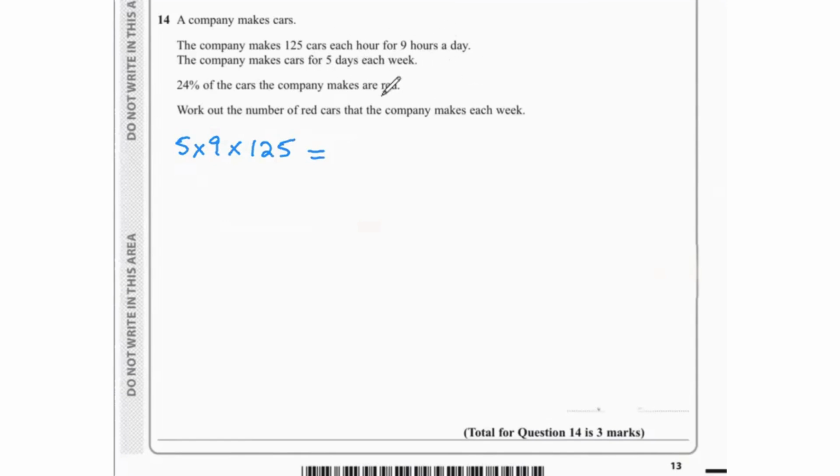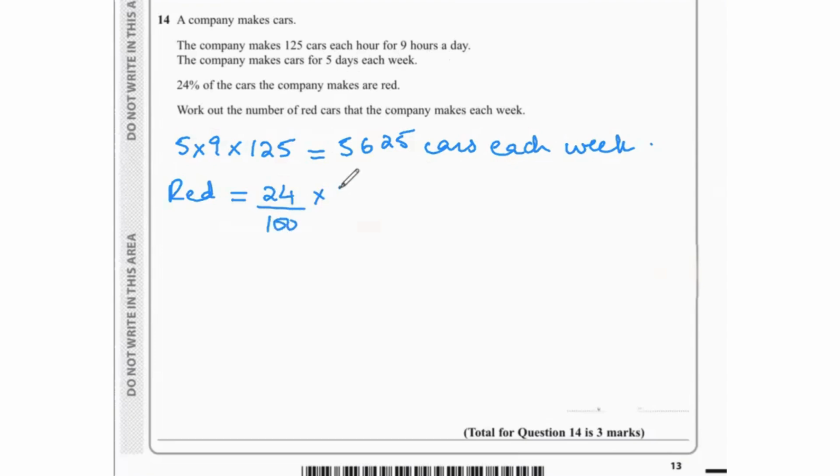So that's going to give us a value of 5,625 cars each week. 24% of the cars are red. So red, that's going to be 24 over 100 times 5,625, which gives us a value of 1,350. So that is the number of red cars made each week.